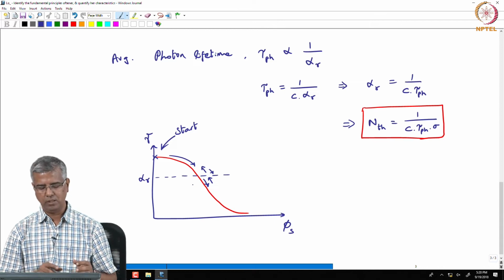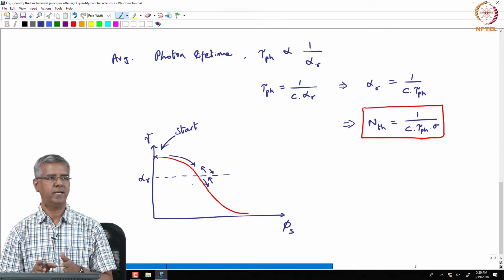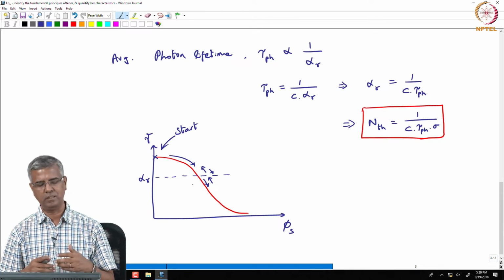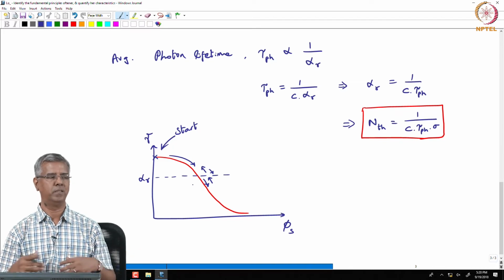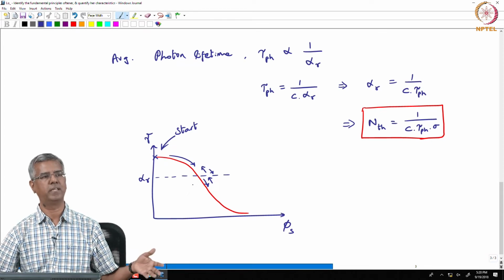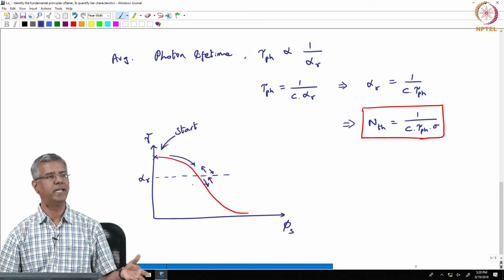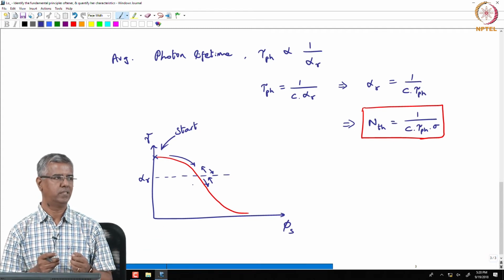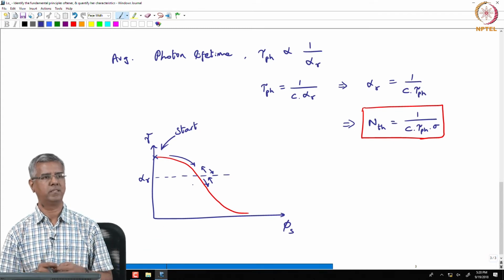Okay. So from the point you start the laser, this is what happens. The moment you start pumping it, you start getting some spontaneously emitted photons. Those photons are going to bounce around, and they're going to create stimulated emission.